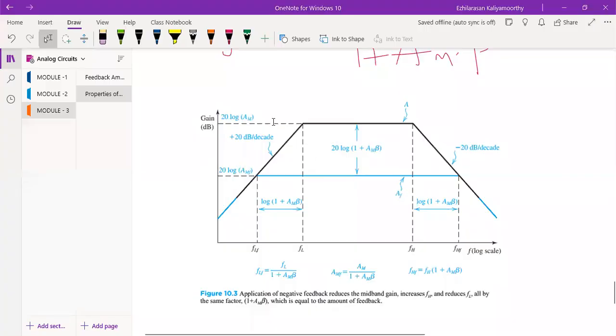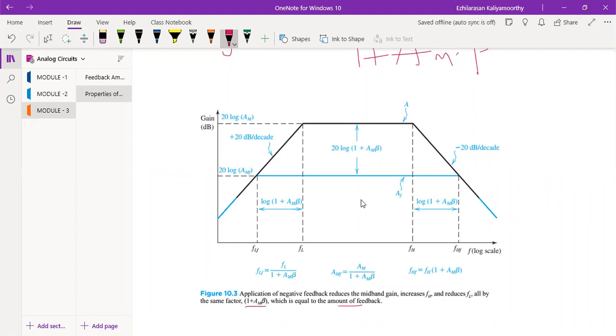Now you see, this figure which I'm showing is the application of negative feedback, which reduces the midband gain and increases FH and reduces FL. It reduces FL by the same factor, which is 1 plus AM into beta, which is equal to the amount of feedback.